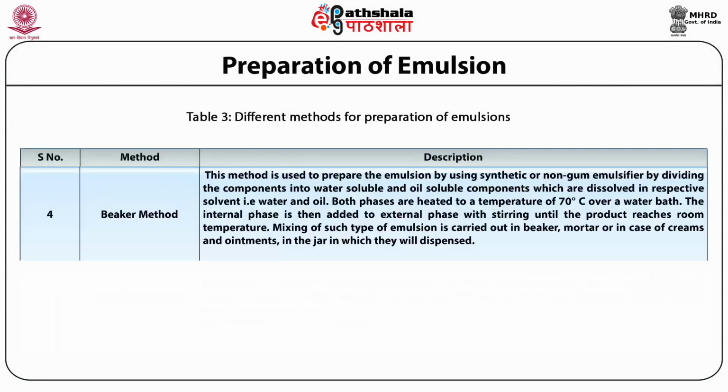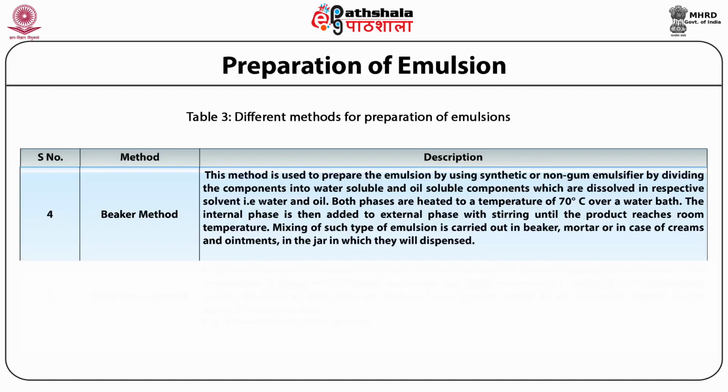The fourth method is the beaker method. This method is used to prepare the emulsion by using a synthetic or a non-gum emulsifier, by dividing the components into water-soluble and oil-soluble components, which are further dissolved in their respective solvents, which can either be water or oil.